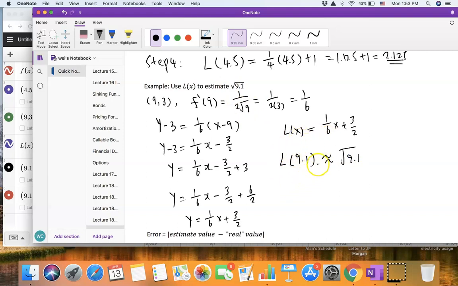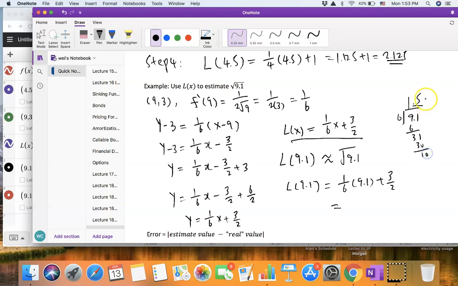So to find what this value is, we plug 9.1 into this linear function. 1 over 6 times 9.1 plus 3 over 2. 9.1 divided by 6 is around 1.52.